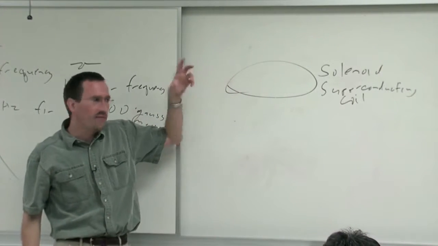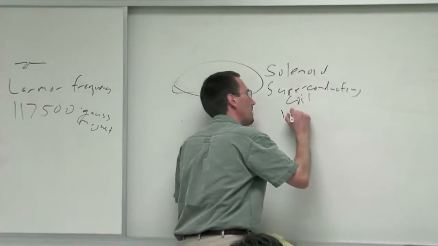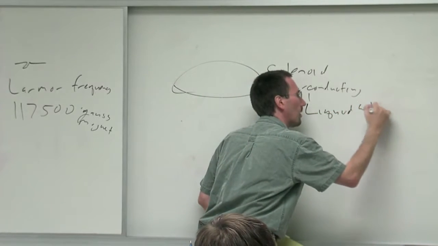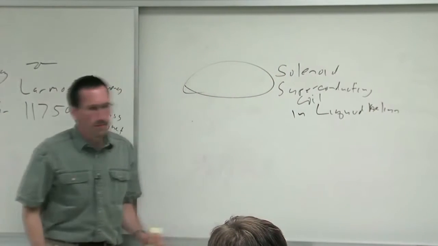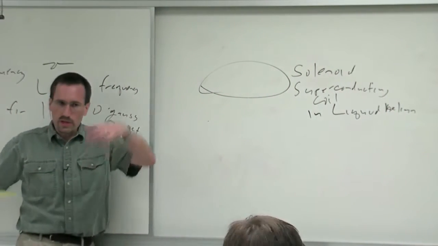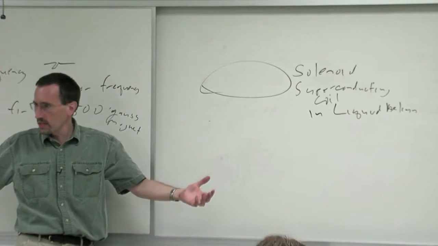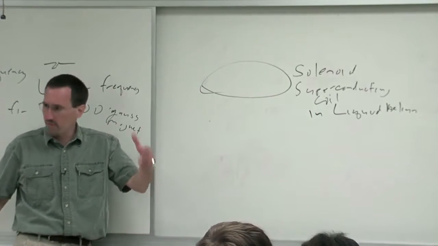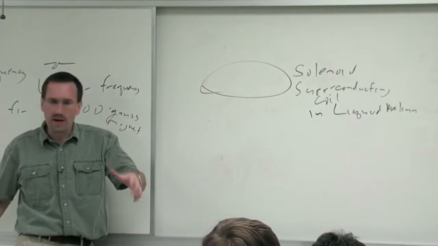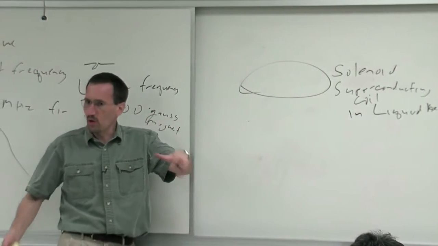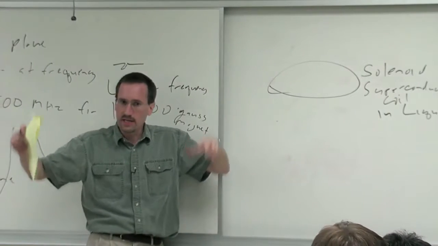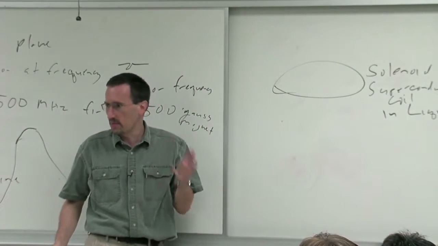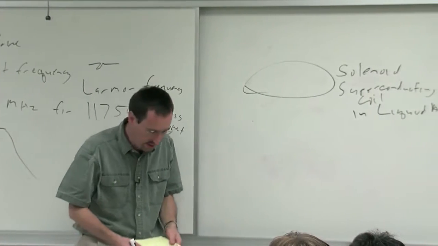To do this, you have it cooled in liquid helium. In order to minimize the evaporation of the liquid helium, you have a vacuum around it. That's a Dewar vessel. Any of you who has a vacuum thermos for your coffee has that. But in order to further minimize the loss, you have that Dewar contained in liquid nitrogen and a second Dewar around there because liquid helium is expensive and you don't want to replace it that often.